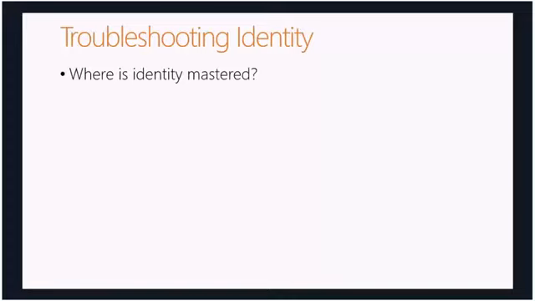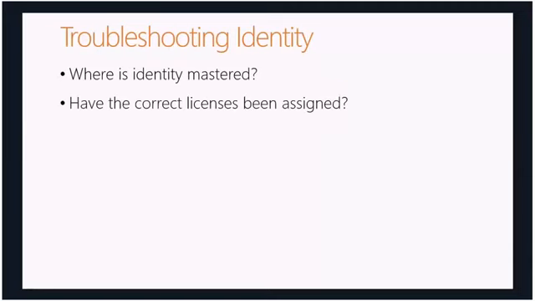Or in the rare cases, is it a federated environment, which again is mastered all on premises with a local AD? So the first thing to do is to go and identify where the identity is actually mastered. So where do you need to change to update users' login name, their passwords, all that sort of stuff. You need to identify where that is occurring.